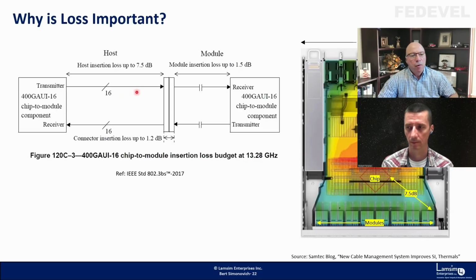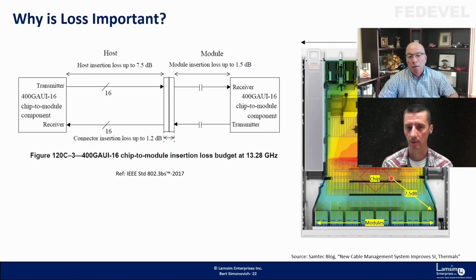For that part of this budget here. And do you know how long it can be, like 10 inches or something? Well, that depends on how wide your traces are, what material you've used. But how far usually do you need to route from the module to the chip? So what kind of distance are we talking about?